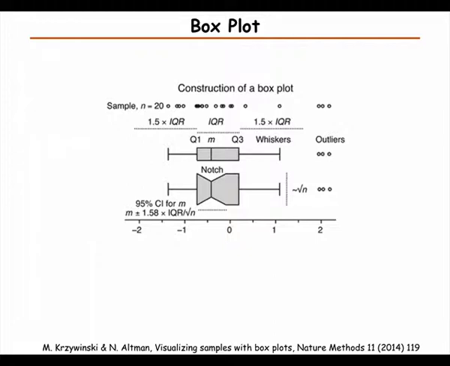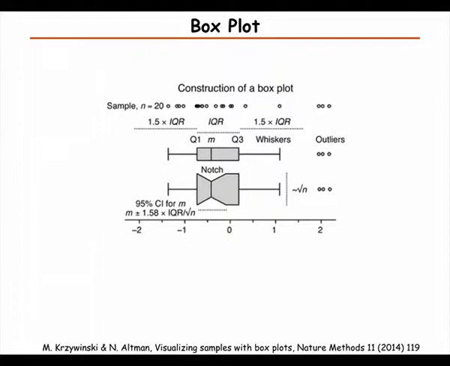So that's the notch. I haven't in this lecture included the confidence interval because that will come a little bit later. There will be quite a lot of detail on how to calculate confidence intervals in different scenarios in the future lectures.